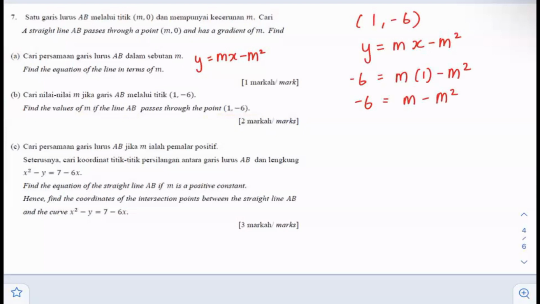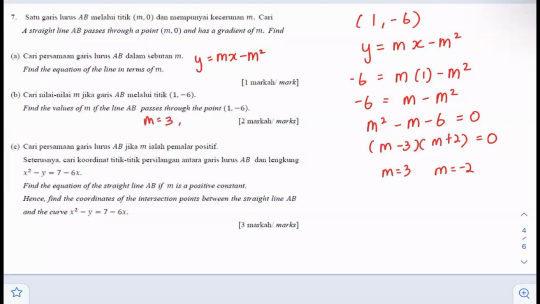So it's a quadratic equation: m squared minus m minus 6 equal to 0. And we do the factorization: (m - 3)(m + 2), with negative 3 and positive 2. So we have m equal to 3 and m equal to negative 2.